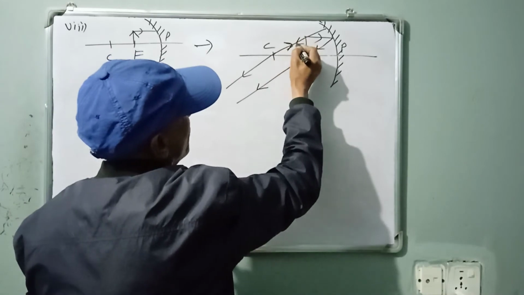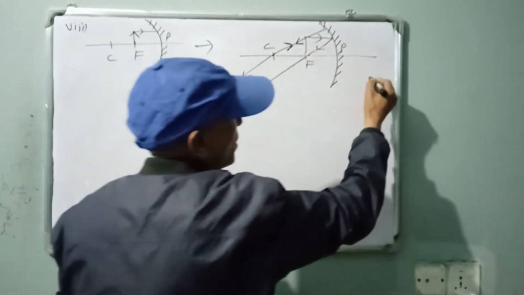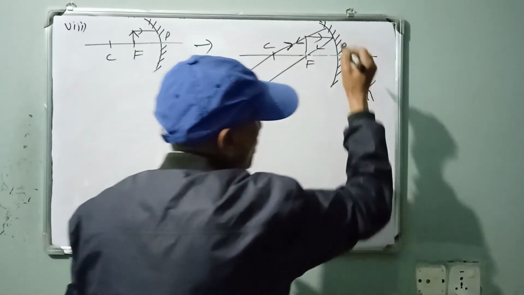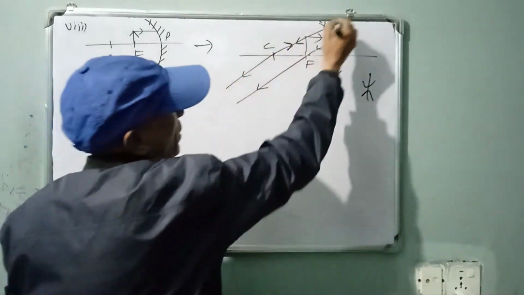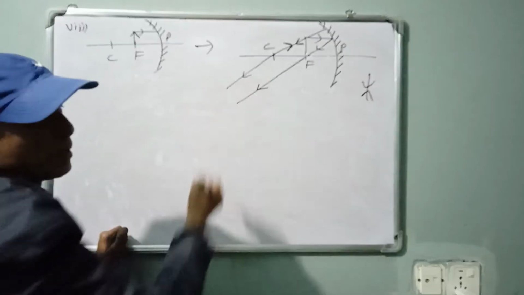Incident ray, reflected ray, same, it retraces like this, returns back. They don't meet each other.